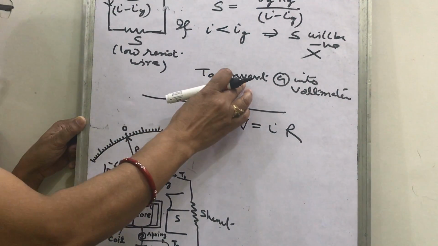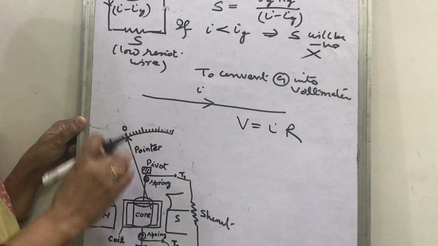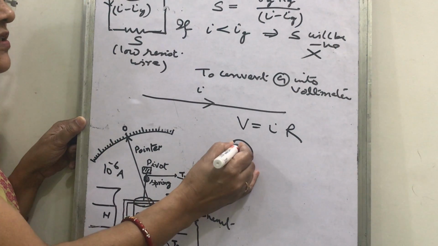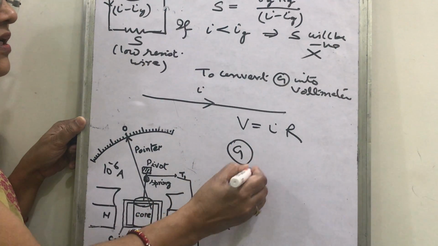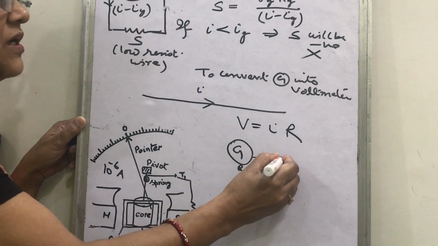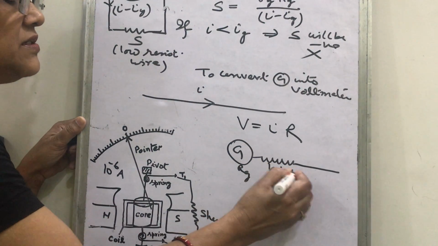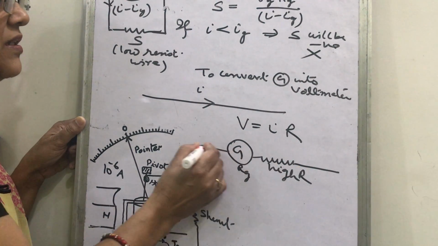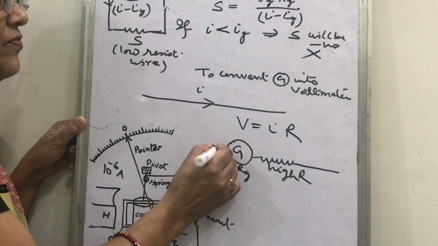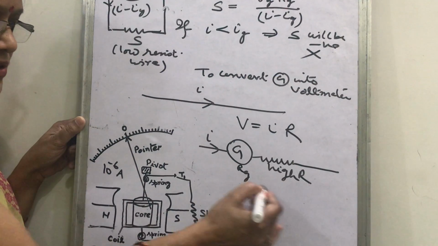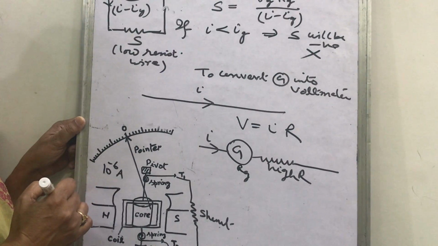So to convert a galvanometer into a voltmeter, what is done? The galvanometer is this, having resistance Rg, and in series a high resistance is connected. This is the figure of the voltmeter. Look, symbolically this is the figure of the voltmeter.